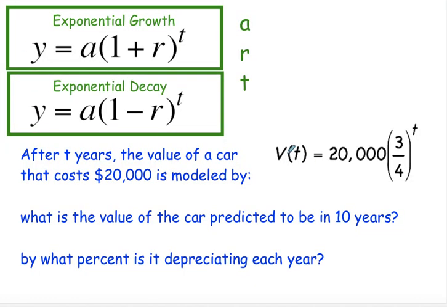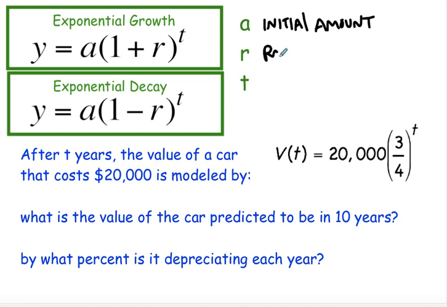Okay, moving on. The next things that you're going to see in the homework are exponential growth and exponential decay. These are our two basic formulas for growth and decay. A is the initial amount, so whatever amount you start with.